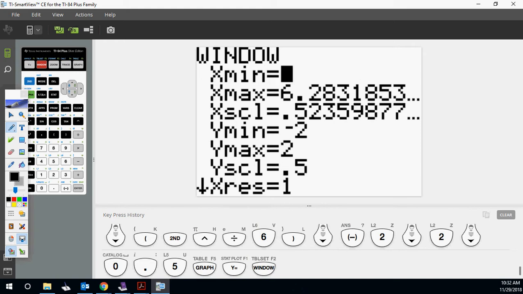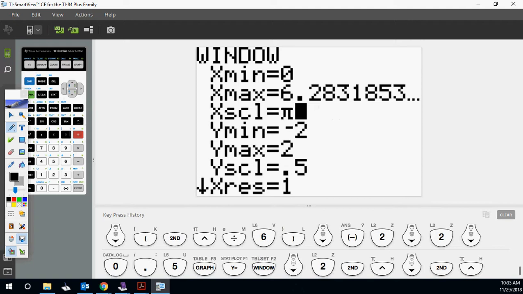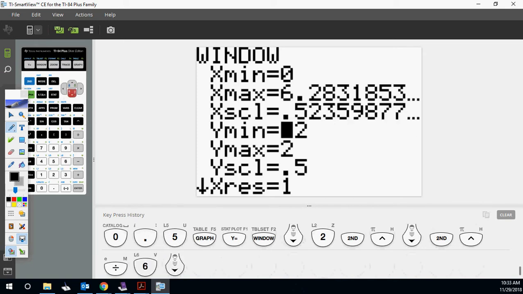So 6.283 is 2 pi. You can put 2 pi. Calculator probably changed it to a decimal. Okay, and then my scale, I put pi over 6, like they said. So that's what pi over 6 is as a decimal. Okay, so if you're not seeing that, I'll put it in there again. Second pi, 2 second pi. See, same thing. And then second pi divided by 6. Same thing.